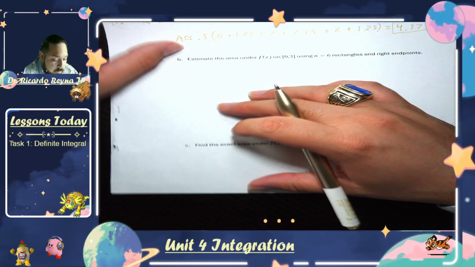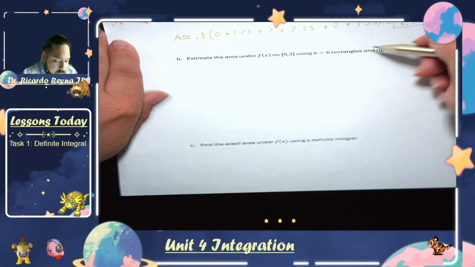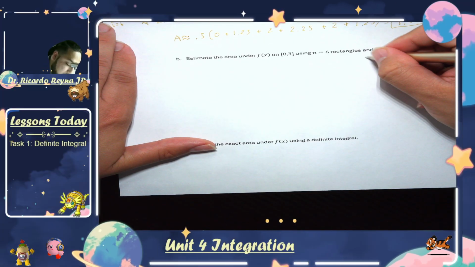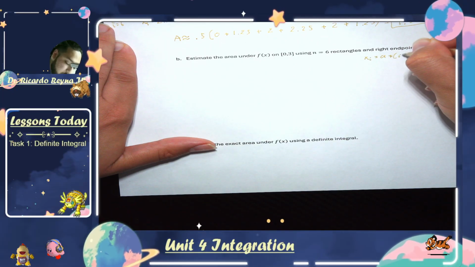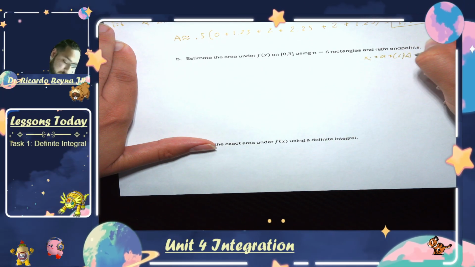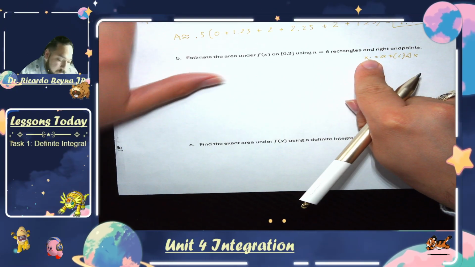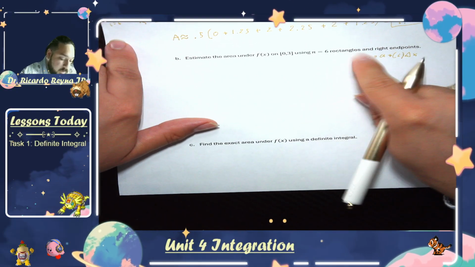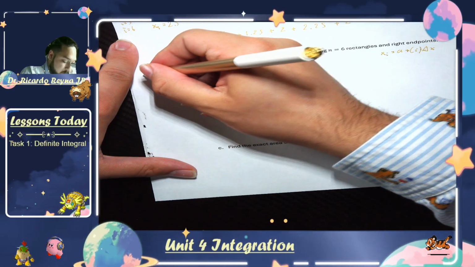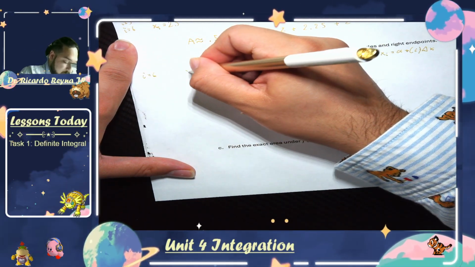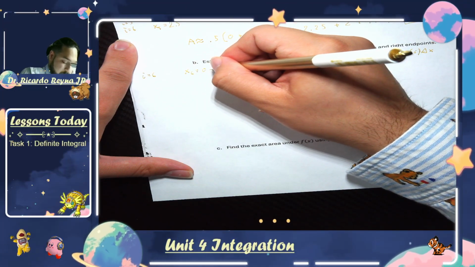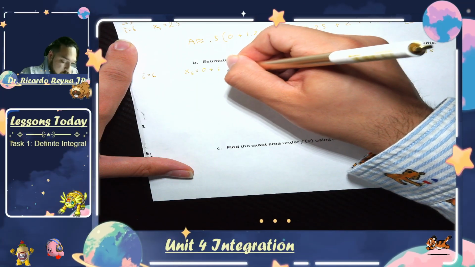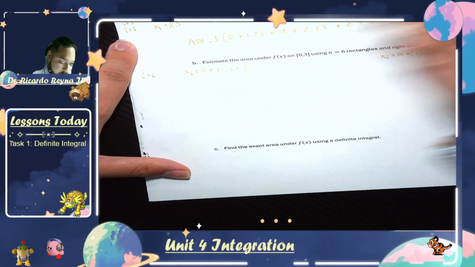B. Estimate the area under f of x on 0 to 3 using 6 triangles and using right endpoints. That means you want this notation. But as we learned previously, these are going to have the same values. The only difference is that the 6th point is going to be x6, which is just 0 plus 6 times the change, 0.5, which is 3.